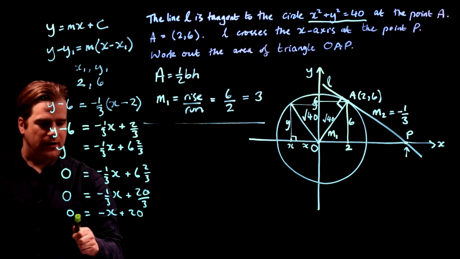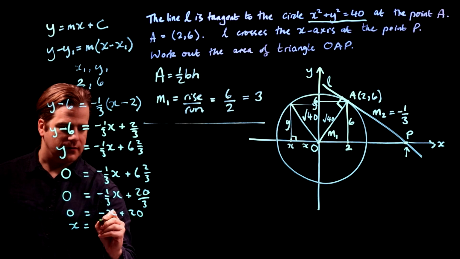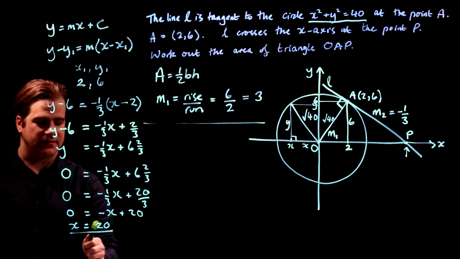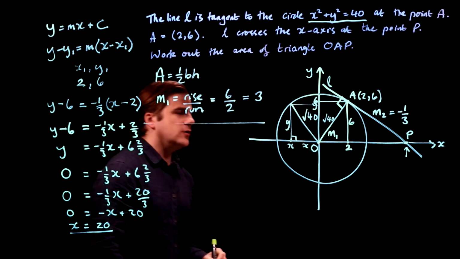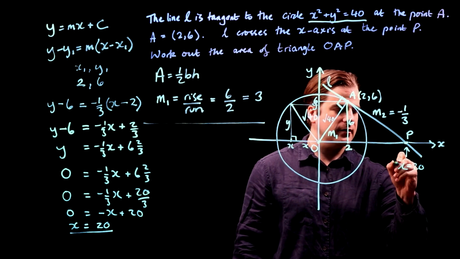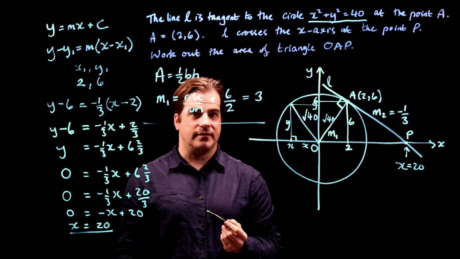Therefore x is 20, because minus 20 plus 20 is 0. So at that point, x is 20. And because our triangle starts at 0, the base of our triangle is 20.